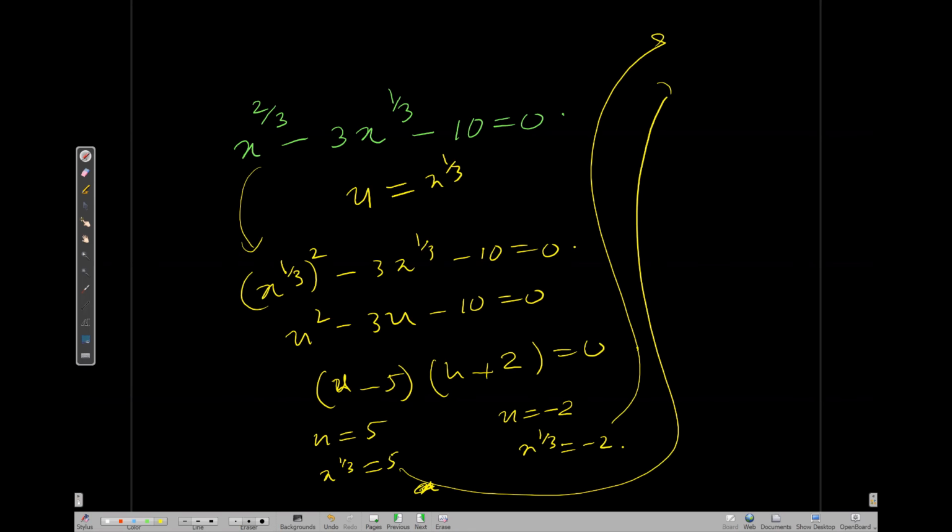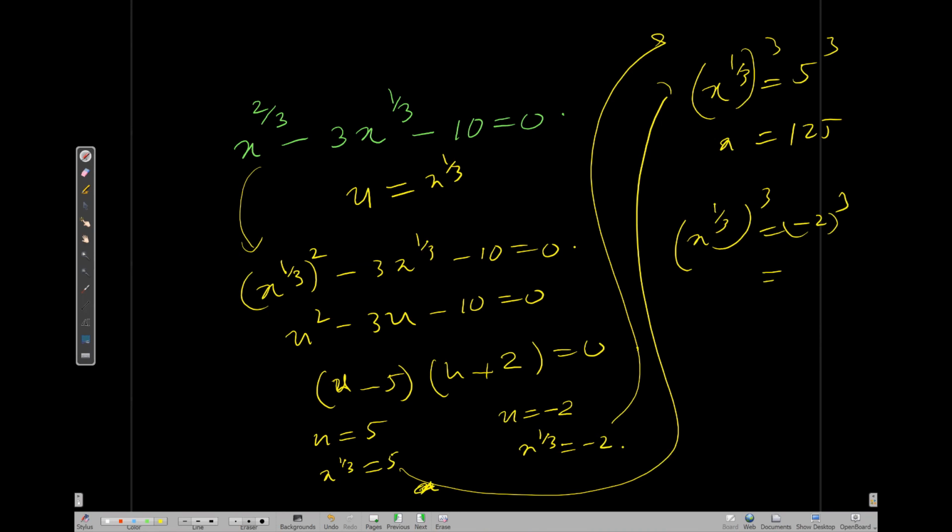So the first one, x to the 1/3 equals 5. In order to solve for x, you need to raise both sides to the third power. Then I get x is 125, and from the second one, do the same thing, raise it to the third power. I get x equals negative 8. Those are my solutions, negative 8 and 125.